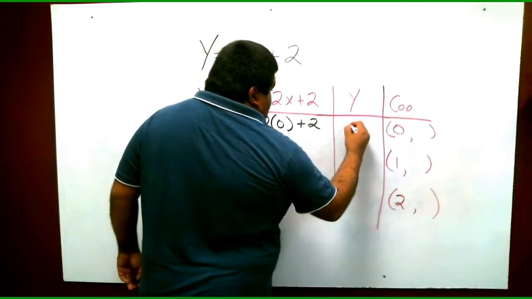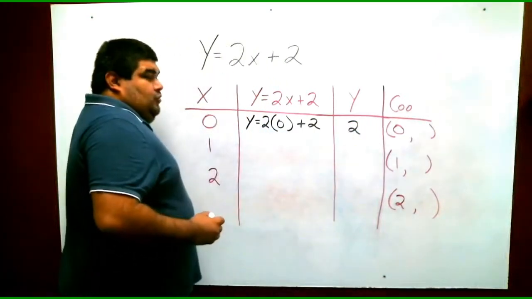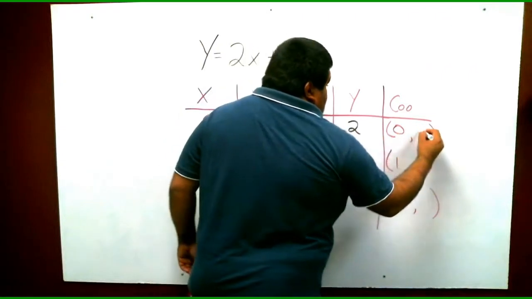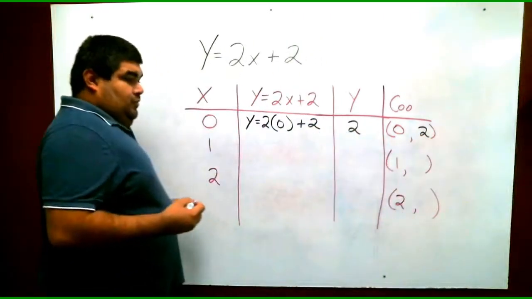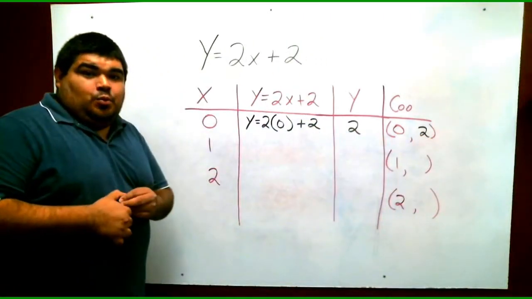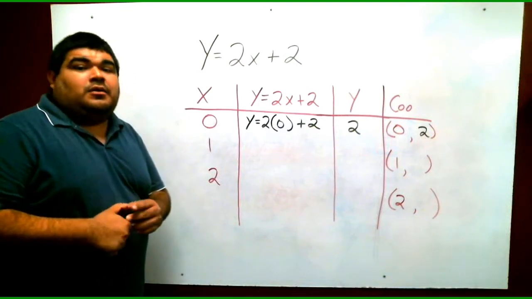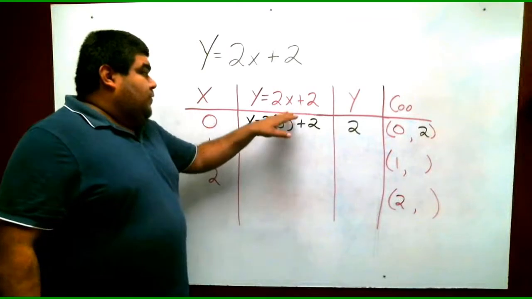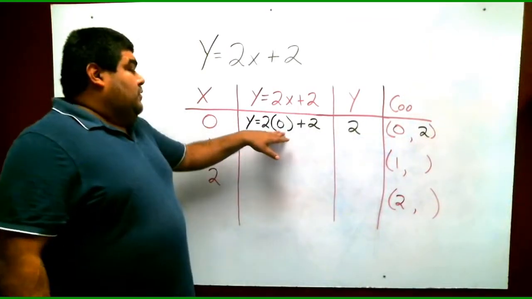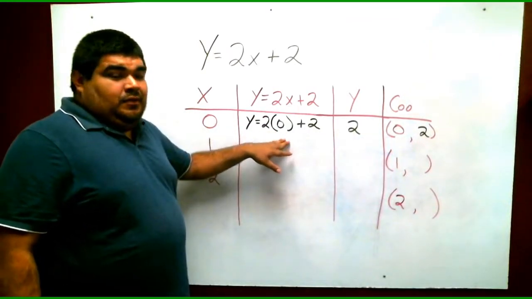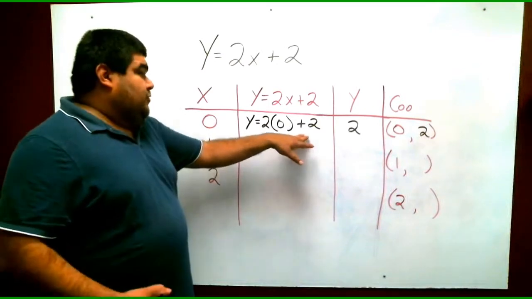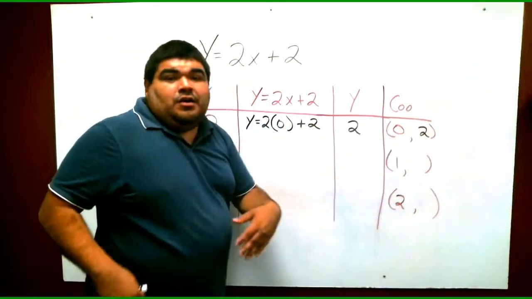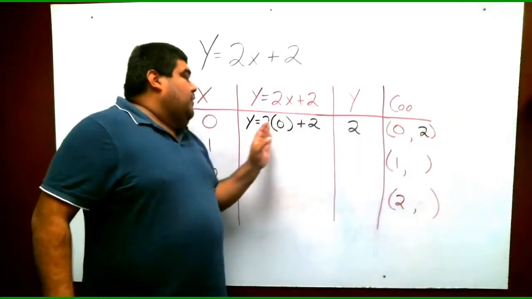So y equals 2. That means that the y on the coordinate is 2. With me so far? Okay, notice, remember, we plugged in 0 for x. So now we have 2 times 0, which is 0, plus 2 is just 2. So we plugged it in for our y value, because that's what our y value is.